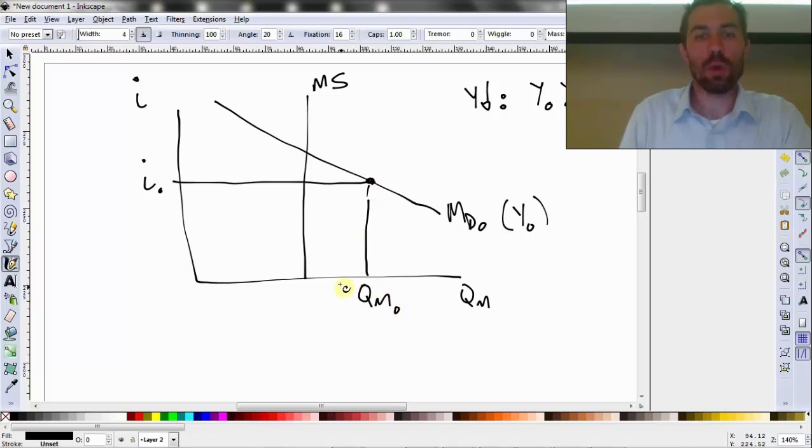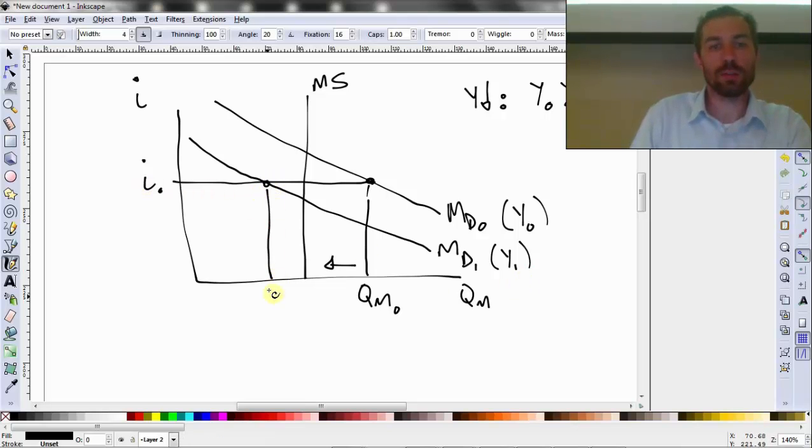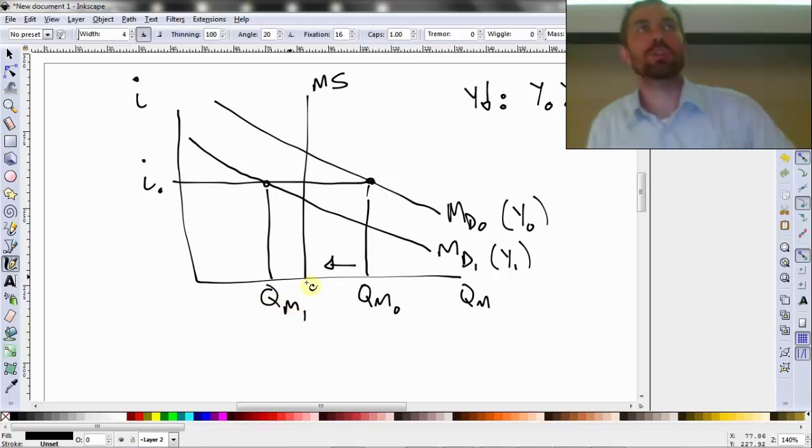We now only require less money, right? Which means at the same interest rate, let's shift our money demand curve to here, MD1 at Y1. At the same interest rate, we now demand a smaller quantity of money. Is everyone with me? Okay?